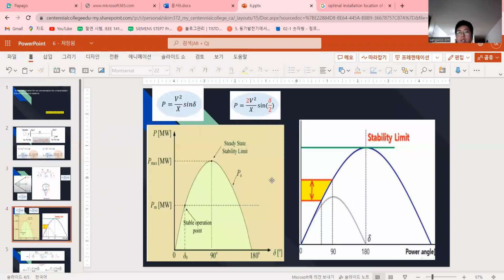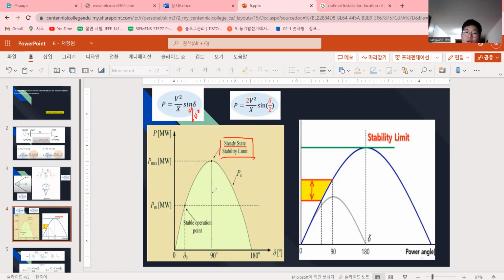So we already learned about the generator curve, right? So quickly, here's a steady state, I mean stability limit. We cannot go over 90 degrees at first, right?